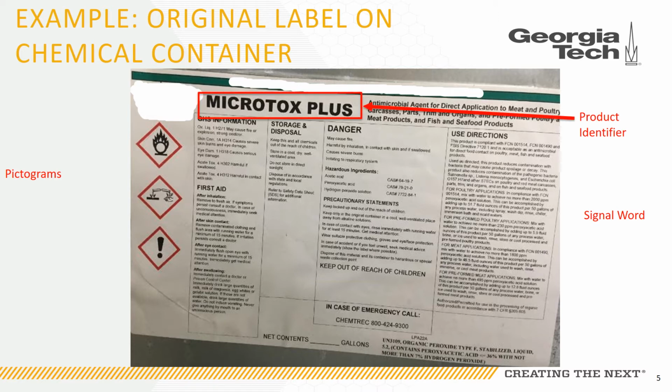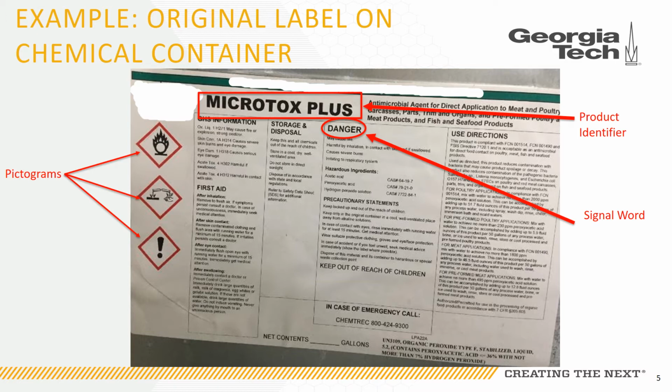Here is a picture of a label on a container of Microtox Plus, a liquid sanitizer. Microtox Plus is the product identifier, and below it in the circle is the word danger. The word danger is called a signal word, meant to tell us we need to take special precautions when working with this chemical. On the far left side of this label, you see 3 red diamonds with pictures inside.